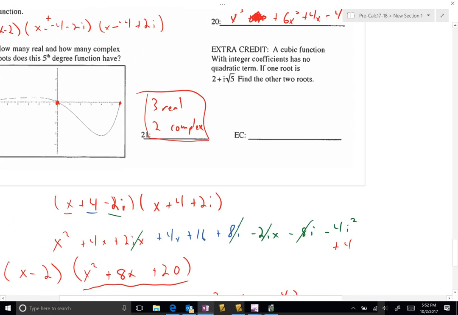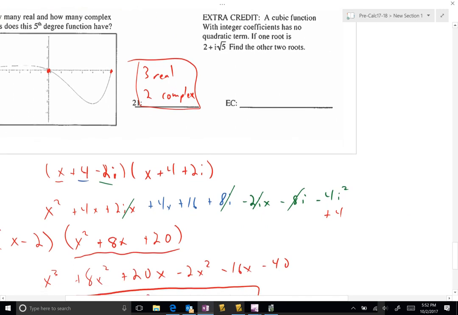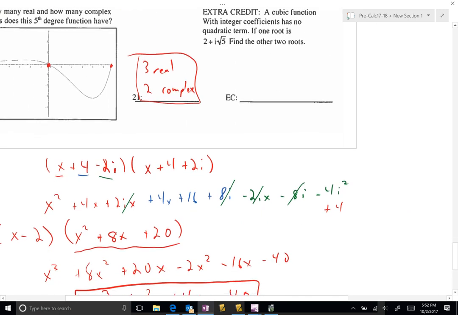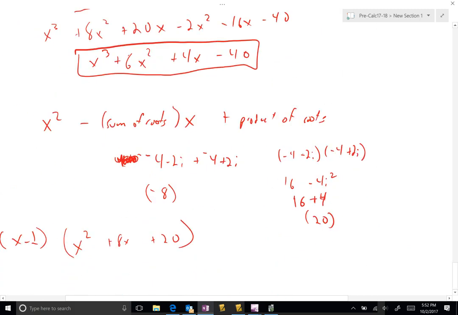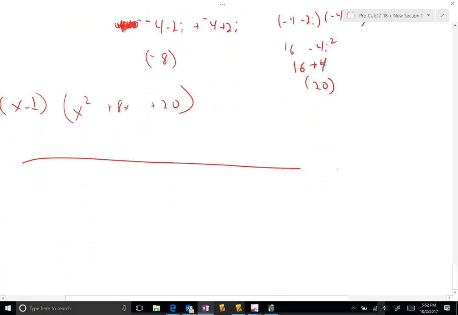The extra credit. Cubic function with integer coefficients has no quadratic term. If one root is 2 plus i radical 5, find the other 2 roots. So I'm going to need a little bit more room for this.